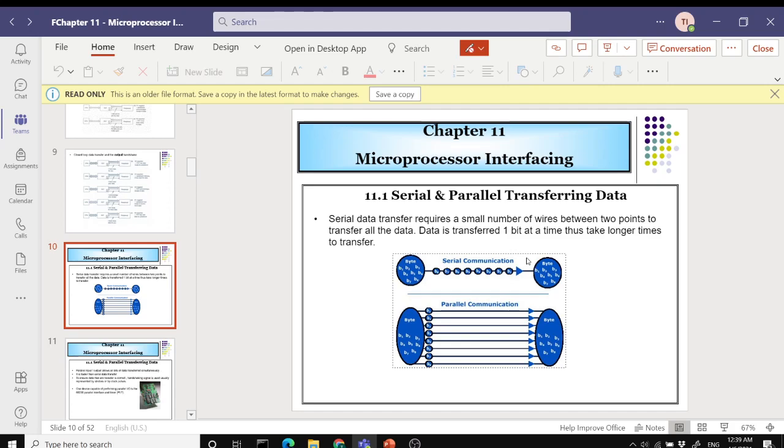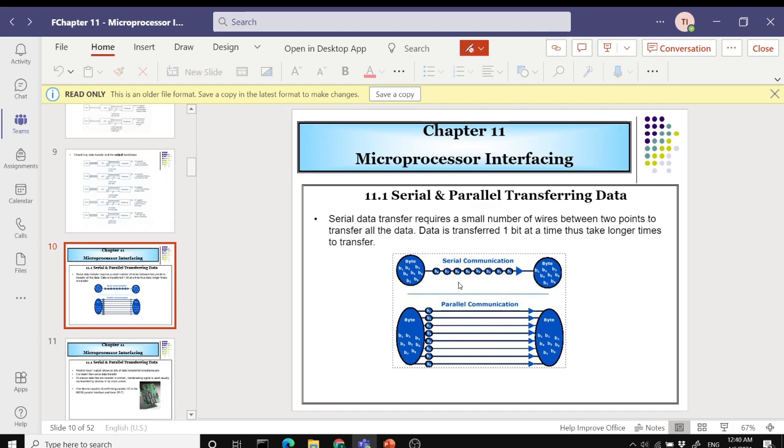But last time, before your current computer exists, the means of faster transferring data was using parallel communication instead of serial communication.